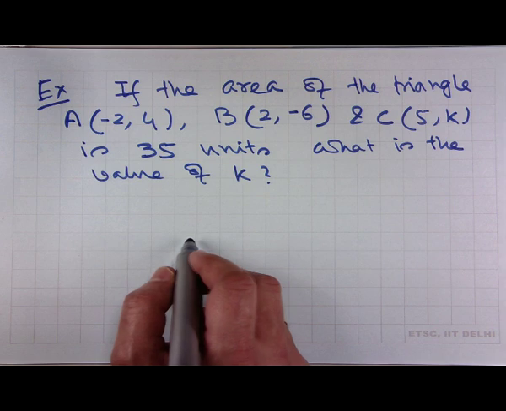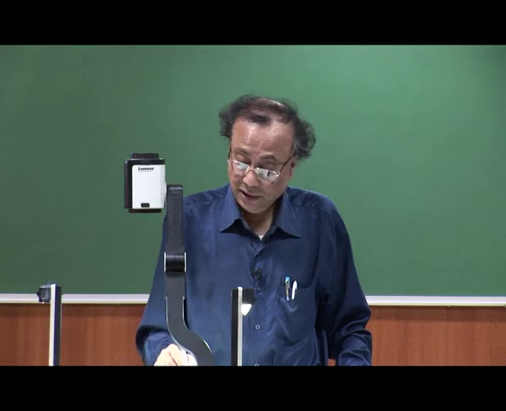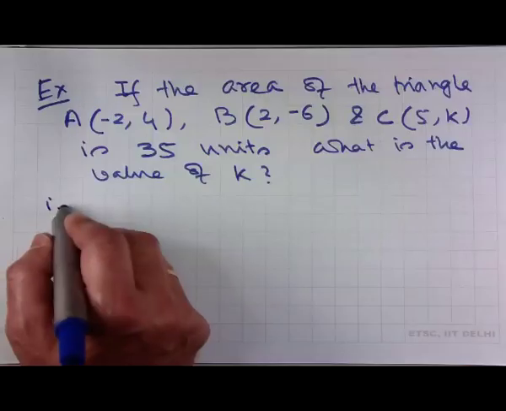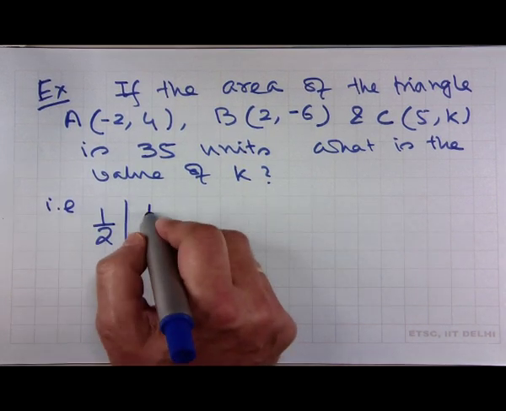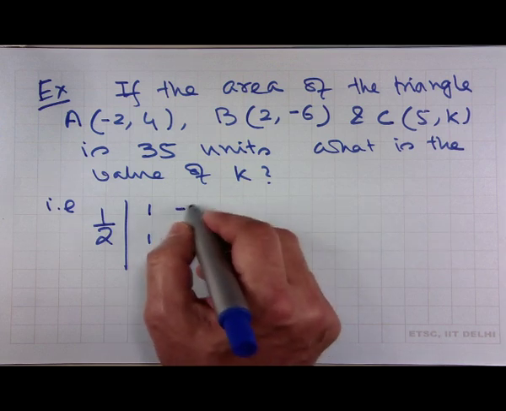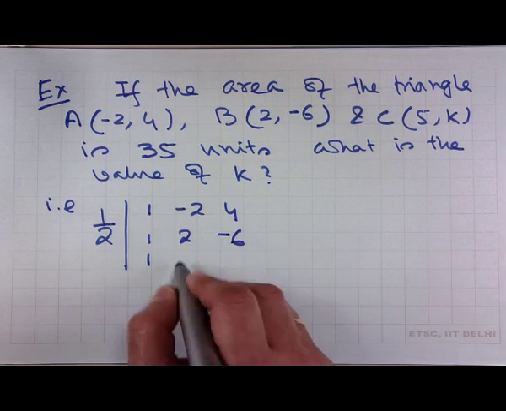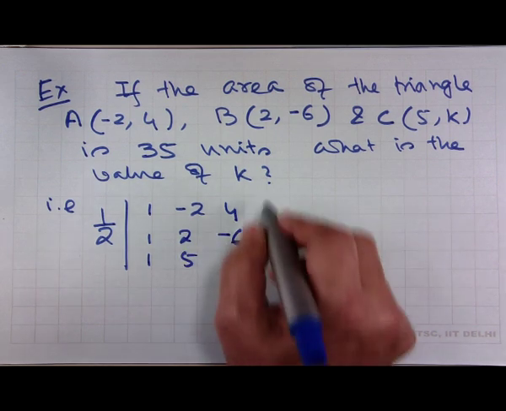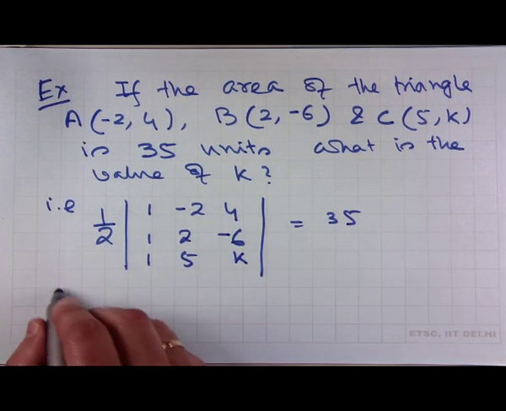Therefore, we know that we can get the area by using determinant, that is, what is given is that half into the determinant of [1 1 1; -2 4 ... ] minus 2, 4, 2, minus 6, 5, k is equal to 35.